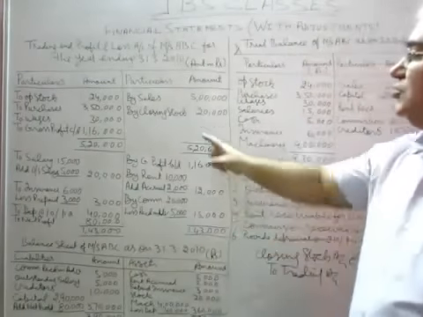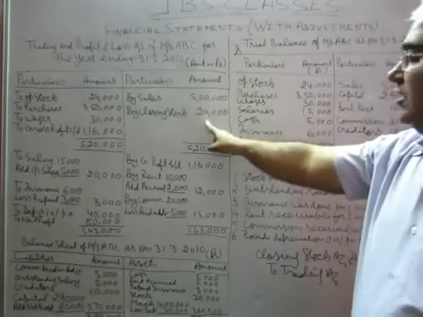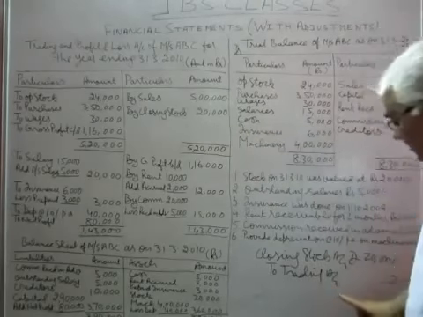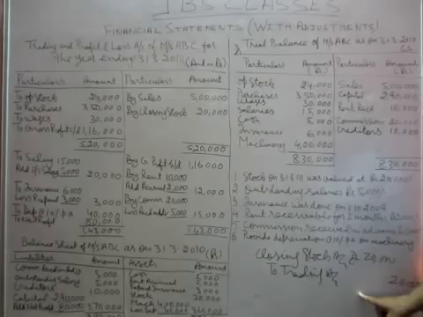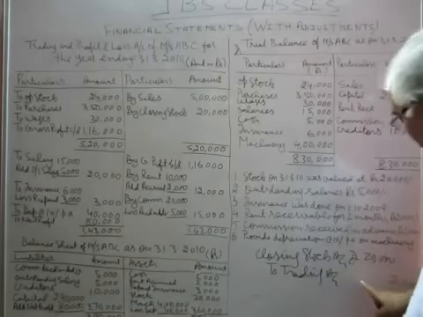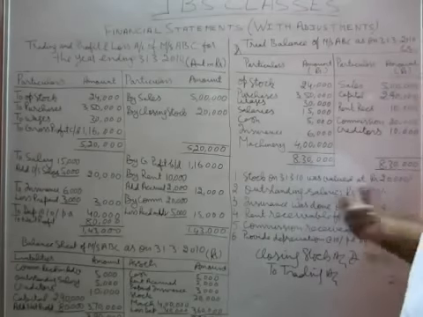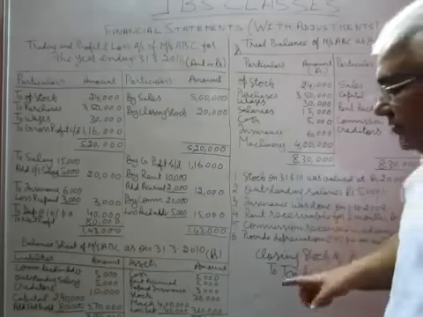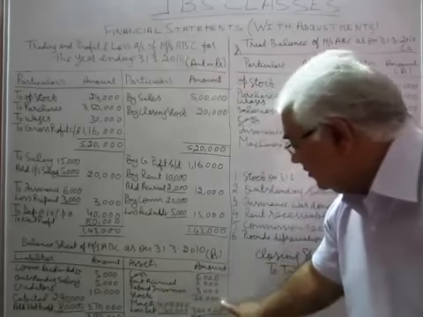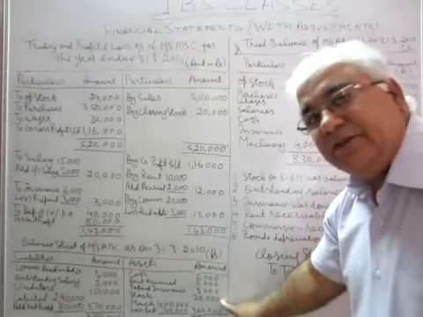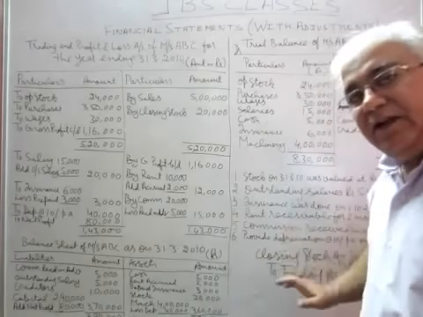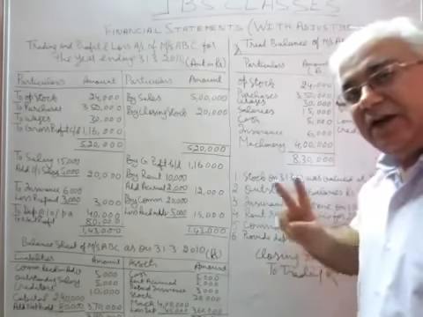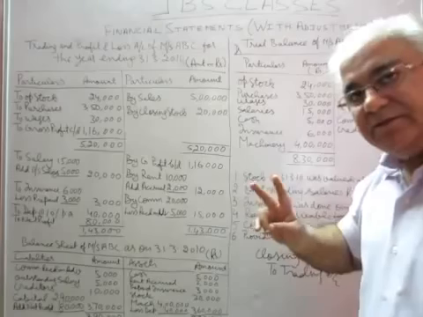Now this will be shown in the trading account here because of posting of this. Okay, and now this closing stock of ₹20,000 will also be shown in the balance sheet. Here it is, stock 20,000. Is this clear? Whatever adjustment entry we make, it will have effect at two places, right?